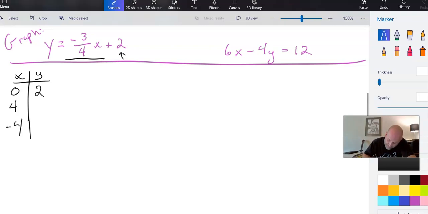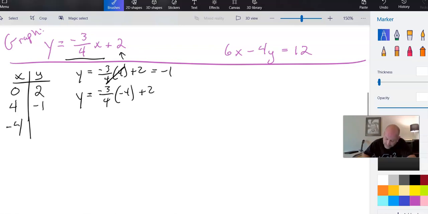So if I plug in 4, then y is equal to negative 3 over 4 times 4 plus 2. The 4's cancel. I end up with negative 3 plus 2, which is negative 1. Okay, now if I plug in negative 4, y is equal to negative 3 over 4 times negative 4 plus 2.